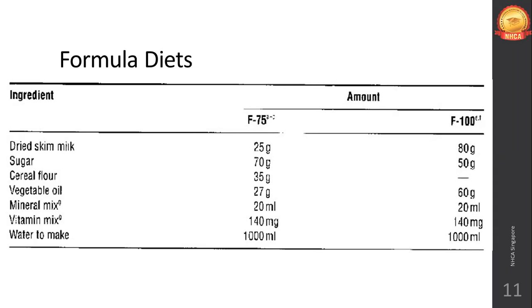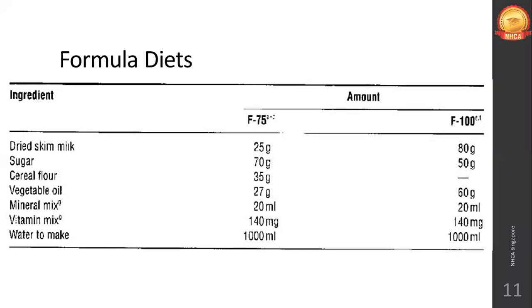For severely malnourished children, these two formulas are used. F75 is used in the initial phase when the child is in ICU, when the child is being treated for life-threatening conditions. But when the child has recovered from life-threatening conditions and is safe, in the rehabilitative phase, that's when we use F100.